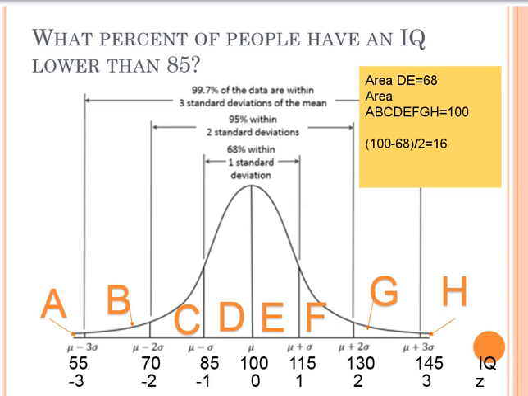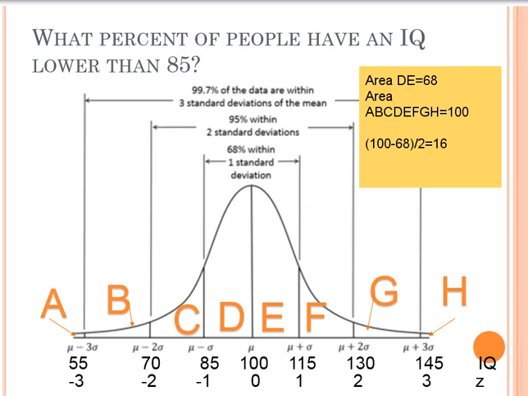So we're actually looking for the area A plus B plus C. Now, going between one standard deviation is just areas D and E, and that's 68% of the population, which is what we said. So 100% of the population falls under the areas A through H. That's everyone. And so we can subtract out D and E to get A, B, C, F, G, and H.